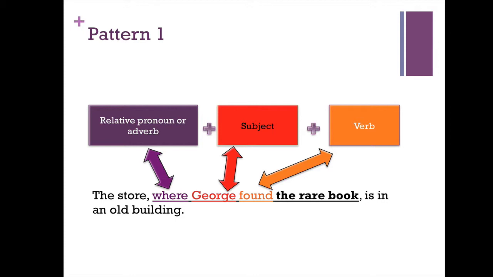It's not important for our purposes right now. And let's take a look at what the relative clause is describing. Where George found the rare book. Where? So the clause answers the question where, and it refers back to the store. Which store? The store where George found the rare book.